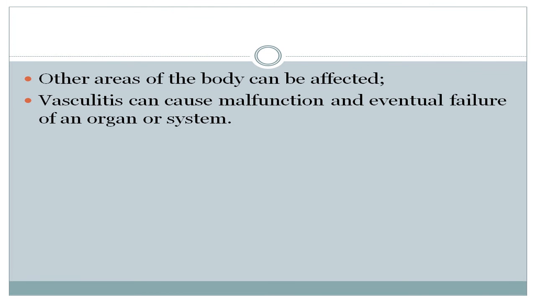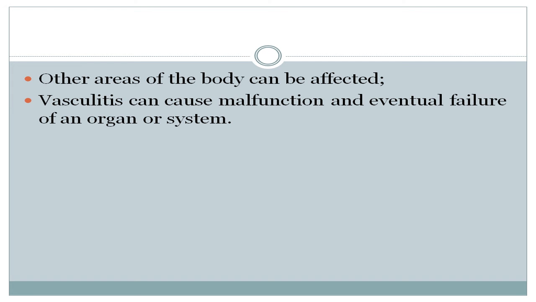When a person has rheumatoid arthritis, we have other areas of the body that can be affected besides just the joints, okay? Vasculitis can cause malfunction and eventually failure of an organ or a system. What's our vascular system?